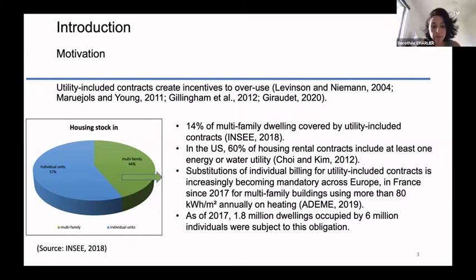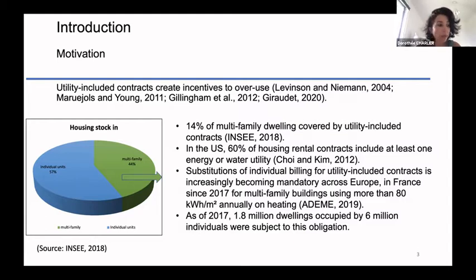And according to these facts, we would like to know if we have different types of expenditures according to the level of the floor where you live and the type of billing that you have. Moreover, the obligation in France is evolving. For example, since 2017, it has become mandatory across Europe to have individual billing in many dwellings.